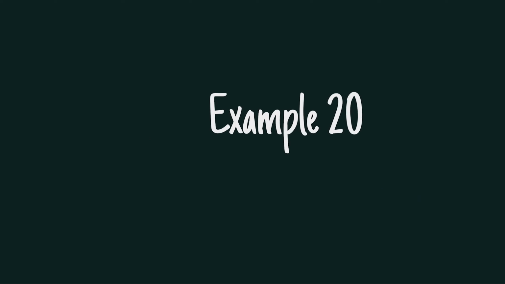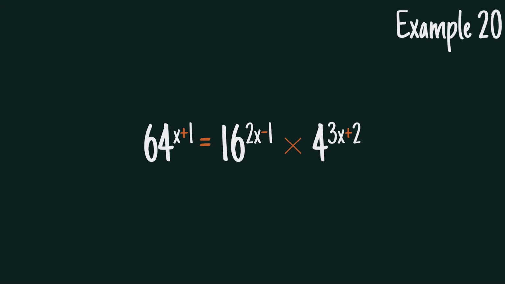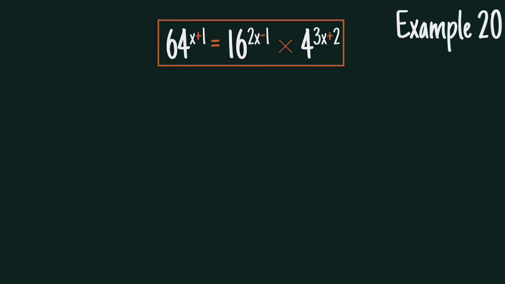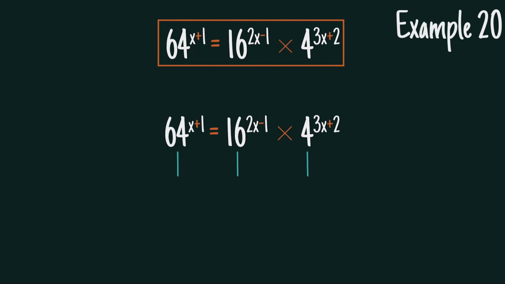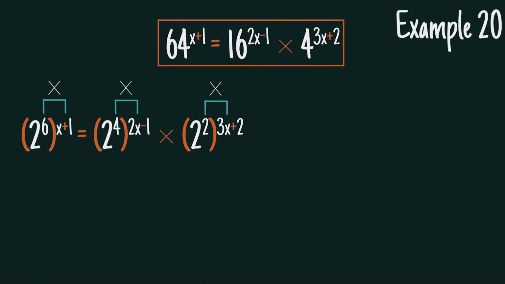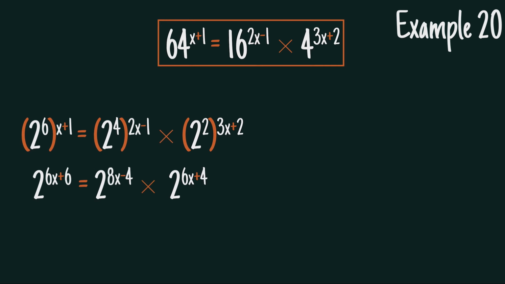Let's move on to a slightly more complex question. In example 20, numbers 64, 16, and 4 can be expressed as a common base of 2. The equation can be written as this. Simplifying both sides, we will get 2 to the power of 6x plus 6 equals 2 to the power of 14x.